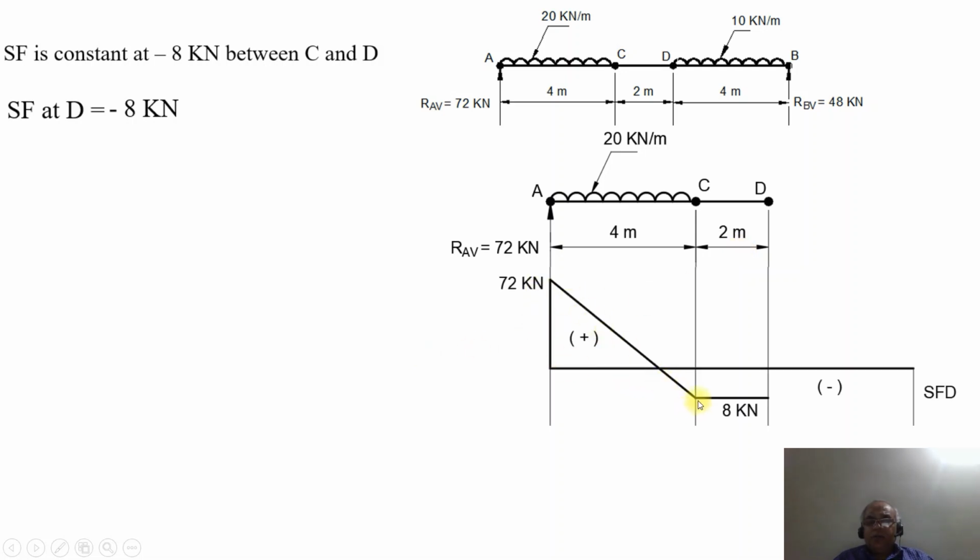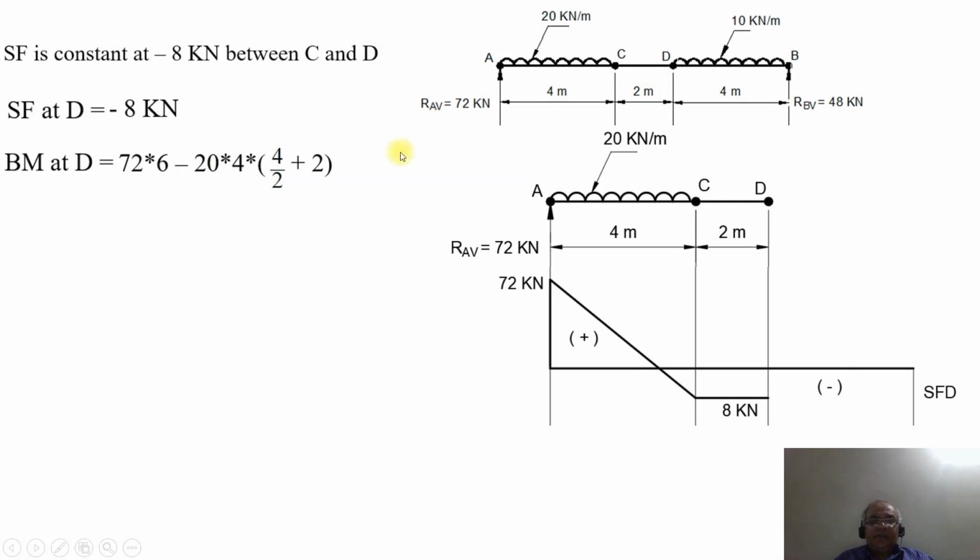Here the SF at the point C will be equal to minus 8 kilonewton. Between C and D, as there is no other load acting on the beam, it remains constant at minus 8 kilonewton. Now we will consider the bending moment at the point D. The bending moment at the point D will be equal to 72 into 6 minus 20 into 4 by 2 plus 2.